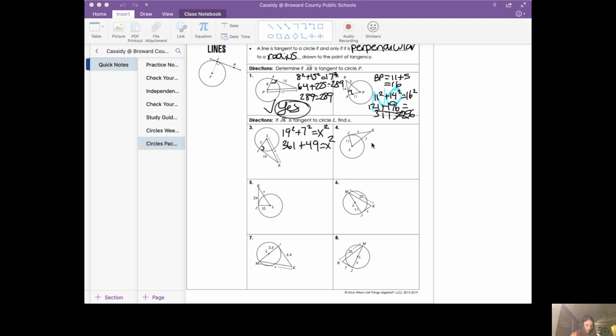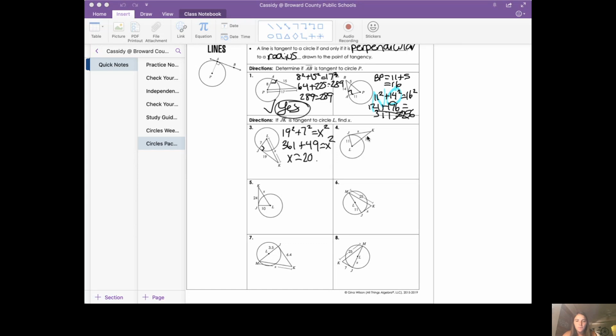So we're going to take the square root of that. The square root of 410 is 20.248, and so on. So we're just going to say x equals 20.2. We're just going to round to the tenths place because that's all I want to do. 20.2 is what x equals.